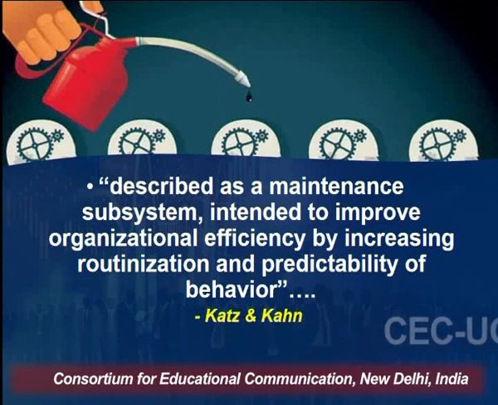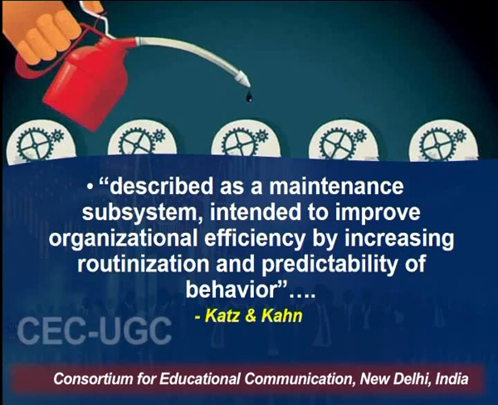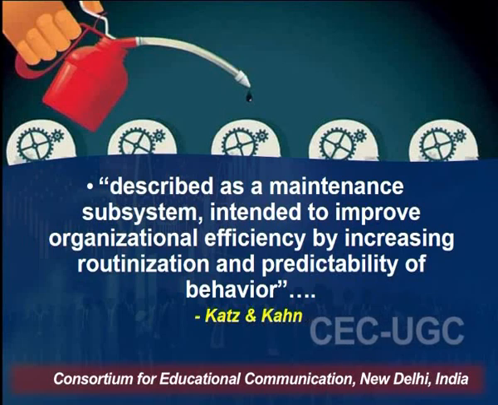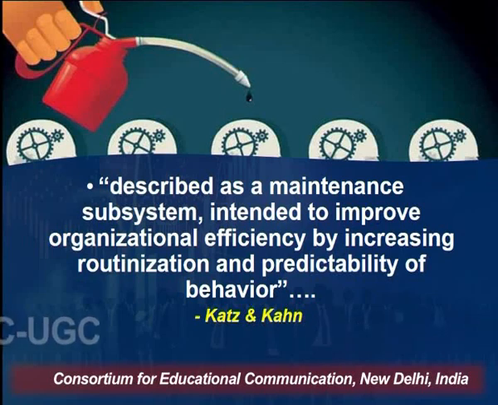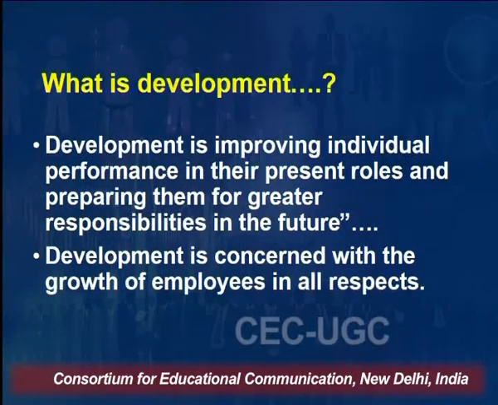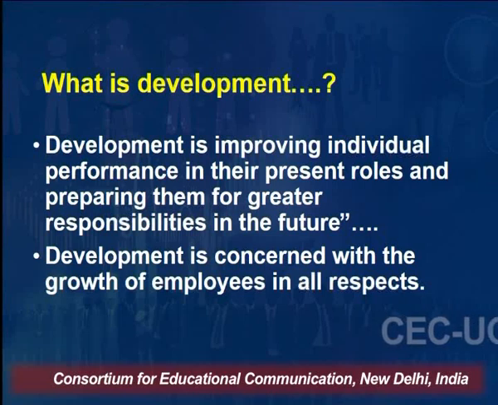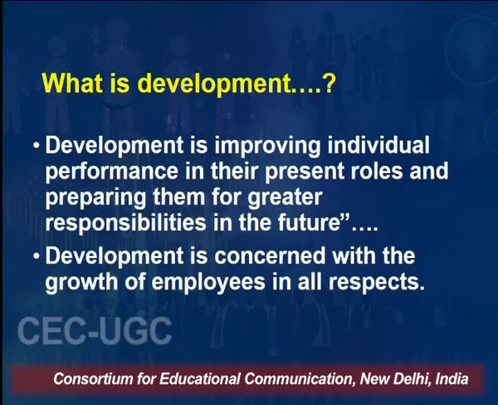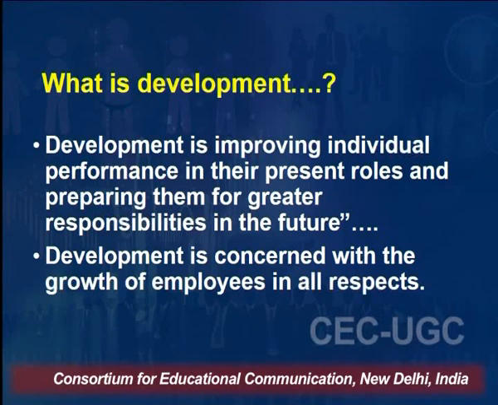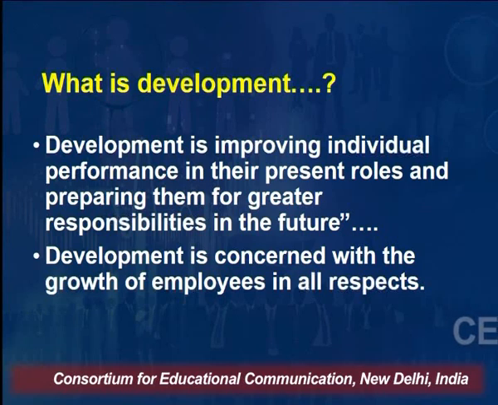So here again the emphasis is on behavior, and through behavior how we can improve the organization's efficiency, because training is the maintenance subsystem. Now, that was about training. Now, let us learn what is development. So, development is improving individual performance in their present roles and preparing them for greater responsibilities in the future.